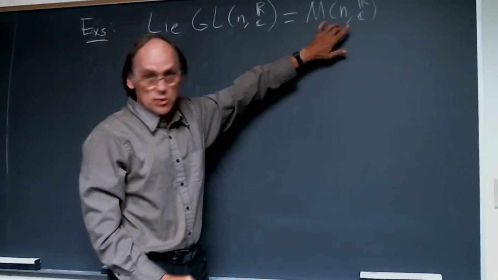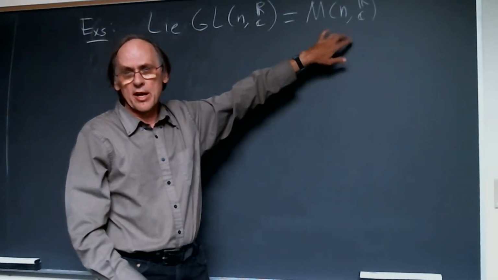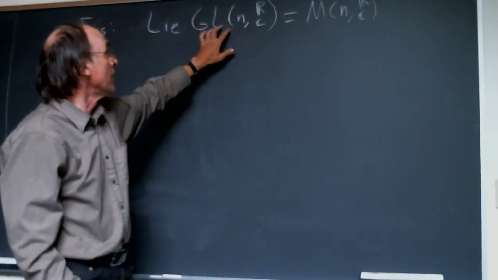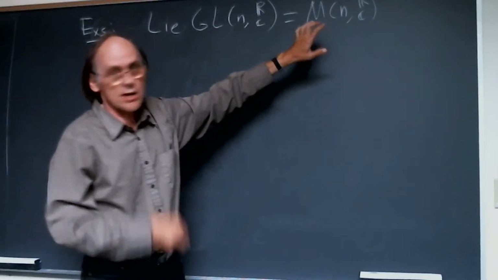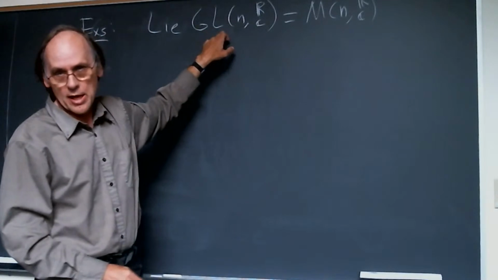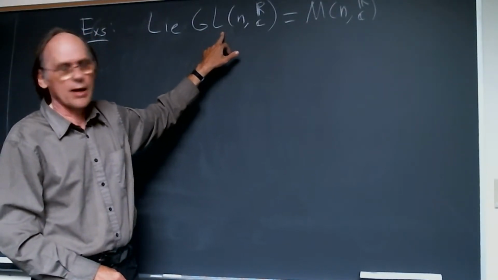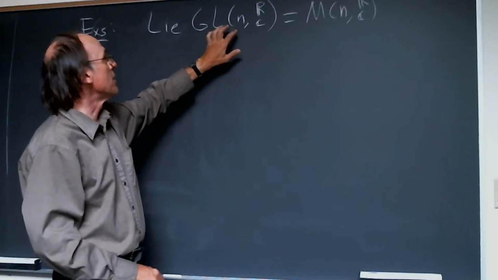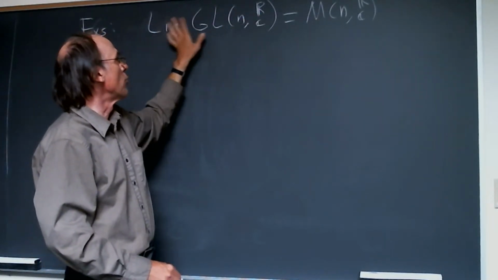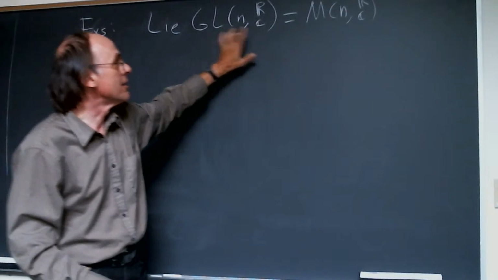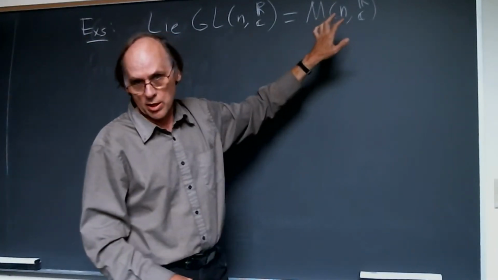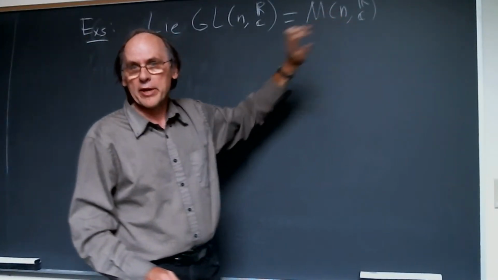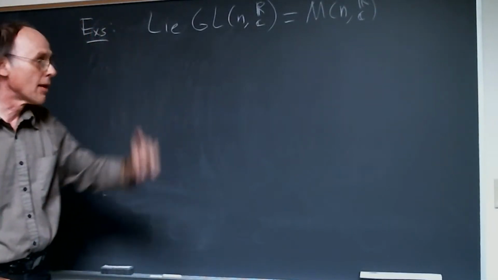It includes zero, and these are not necessarily invertible. But if you take any matrix and exponentiate it, you get an invertible matrix. So that's the general linear group of all invertible matrices, and its Lie algebra is just the general matrices, either real or complex.